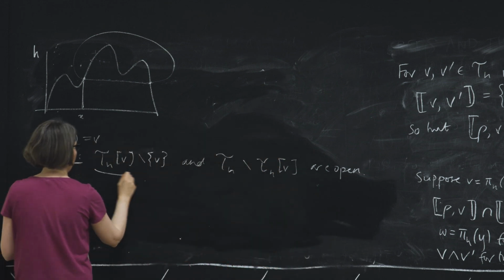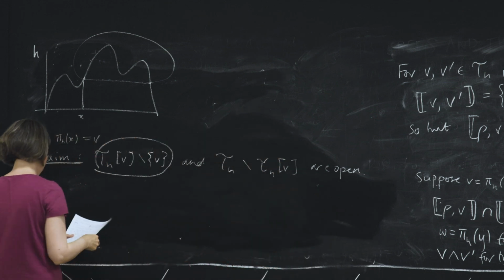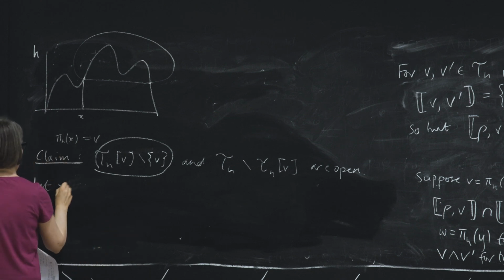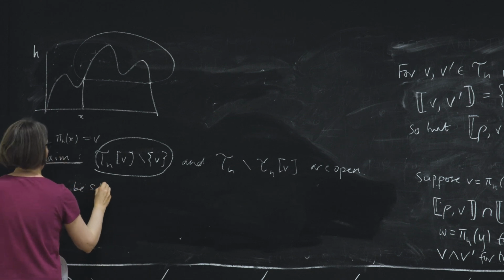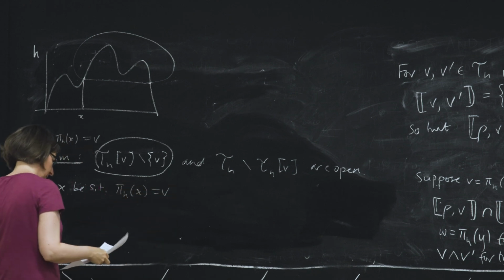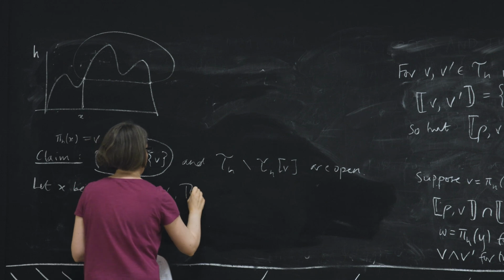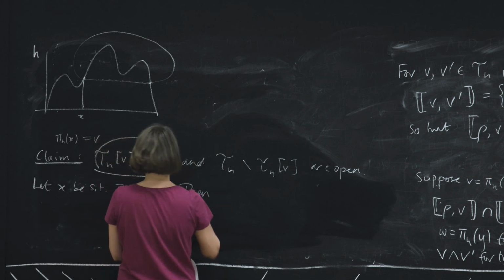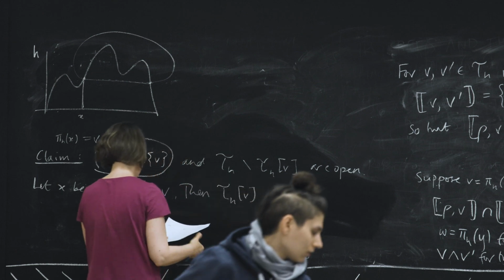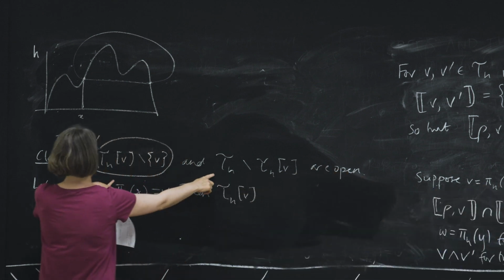Okay, so let's do this one first. So again, let's take X be such that it projects to V. So then we've got that this set here, sorry, I think I'm doing this one first.